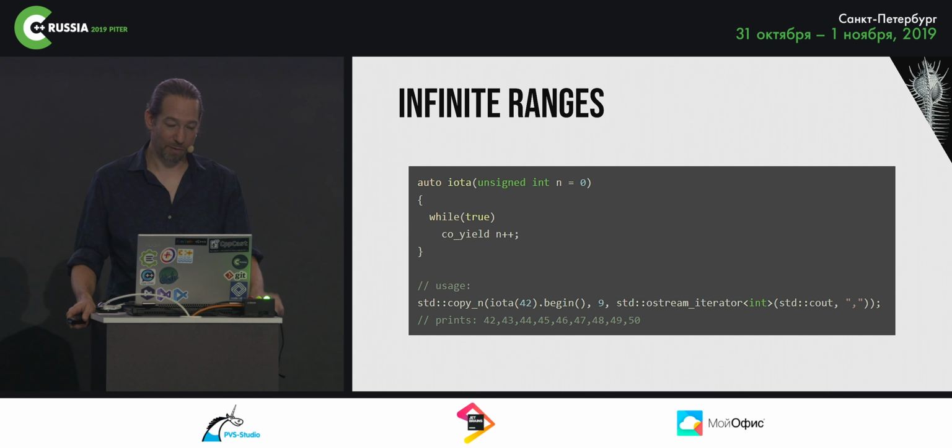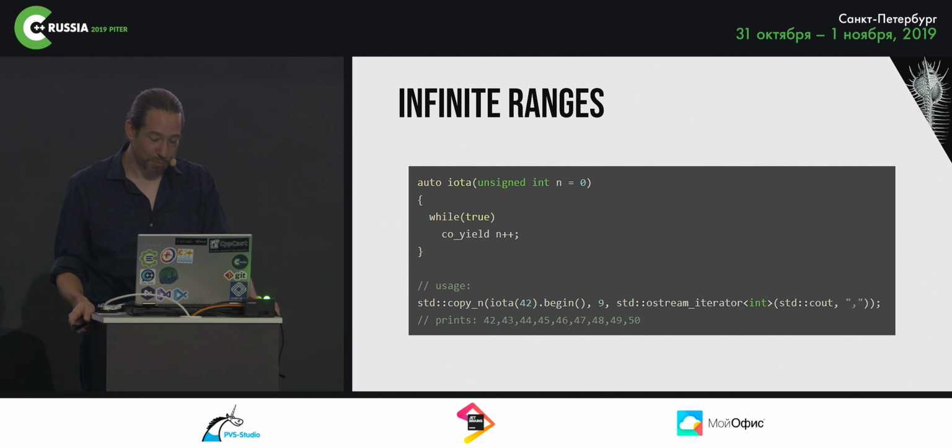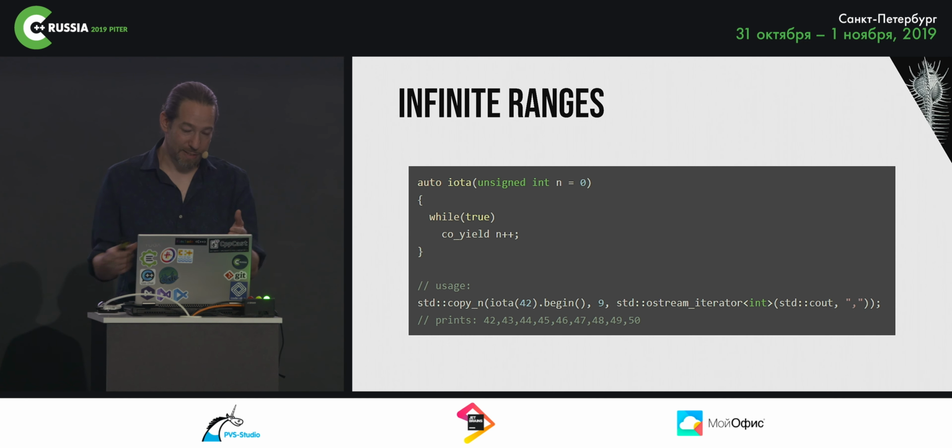It will wrap. But we can use copy n. We have iota of 42, and we can print the first 9 values. Since the range is lazy, we don't have a problem. There is no infinite loop in this program.